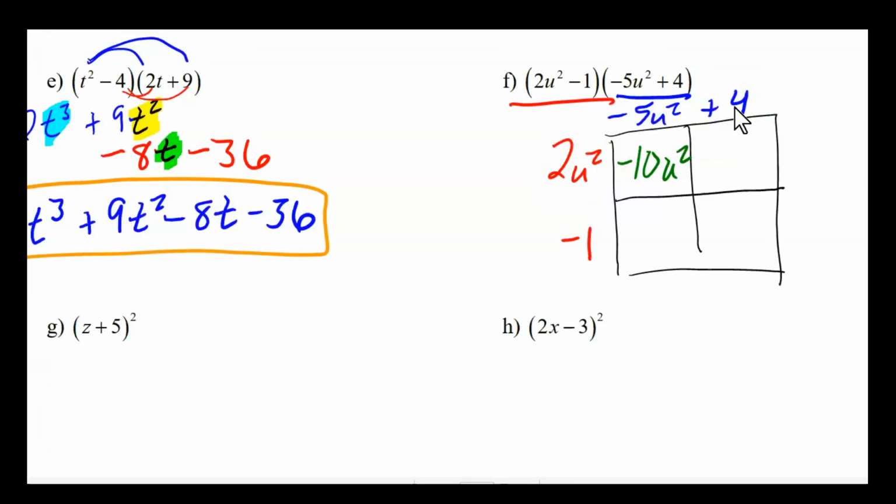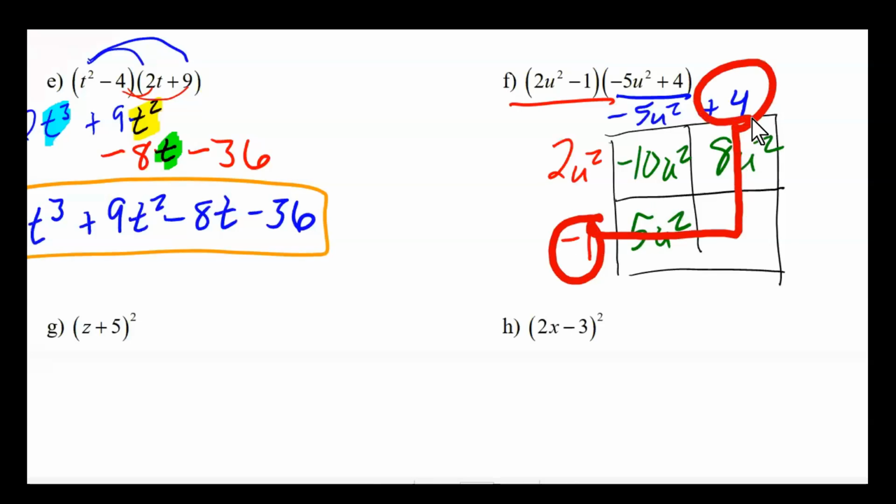So 2u squared times 4, 8u squared. Negative 1 times negative 5u squared, 5u squared, and then last, negative 1 and 4. So negative 1 times 4.